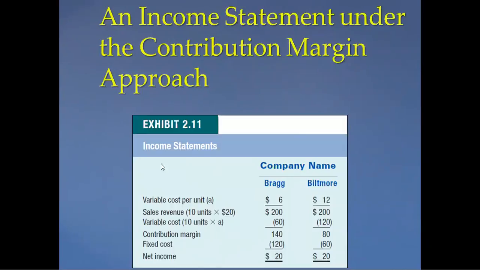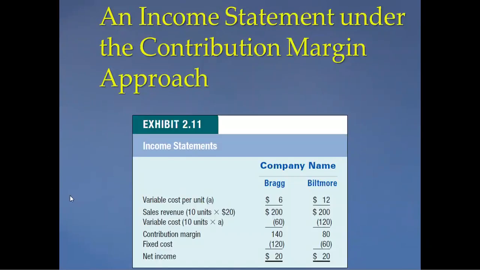Okay, so again, this contribution margin approach income statement, start off with the sales revenue, then you subtract all of your variable costs to get contribution margin, then you subtract fixed costs to get net income.